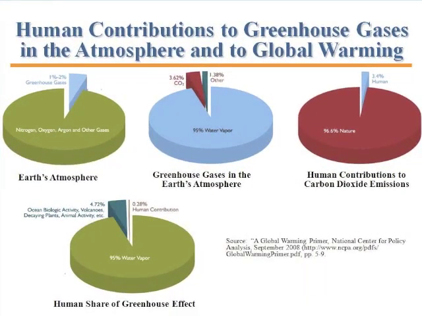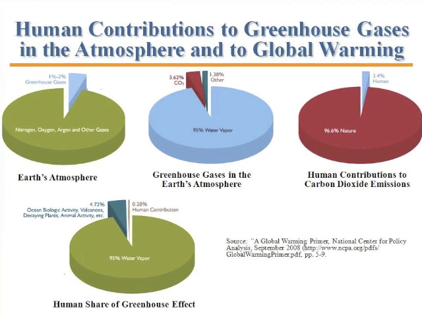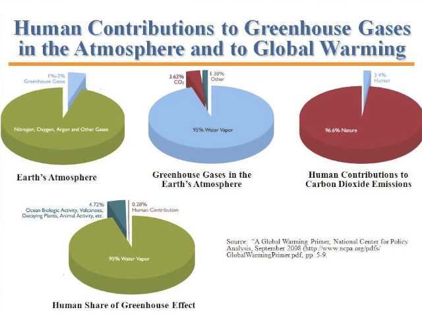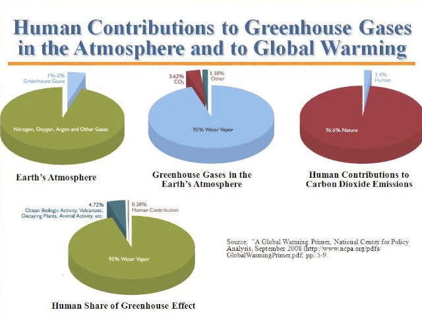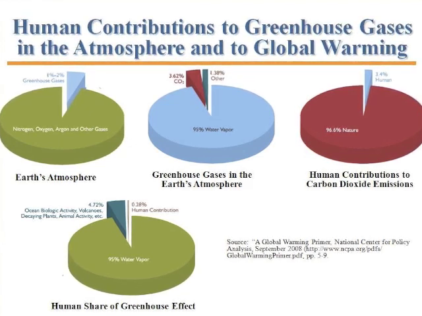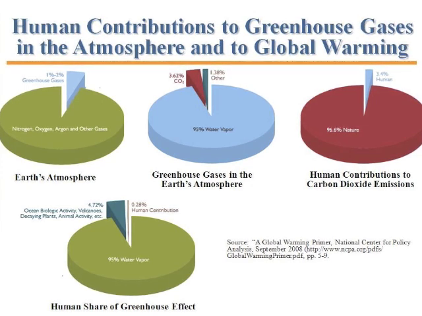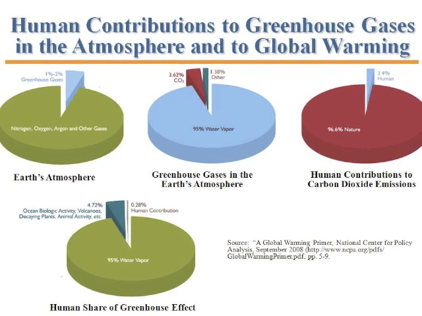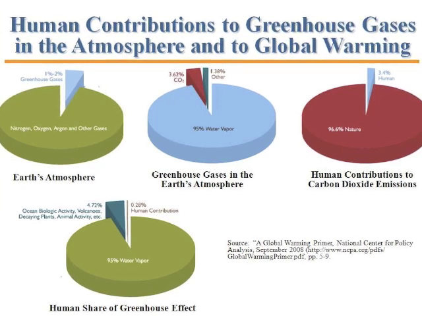If we would put up the slide. So it's probably hard to see from there, but the first one has the Earth's atmosphere, and the little blue slice is just greenhouse gases. The second slide is just the greenhouse gas. So you take that blue, and that's magnified by the blue circle. The red part is carbon dioxide, which is 3.62%.